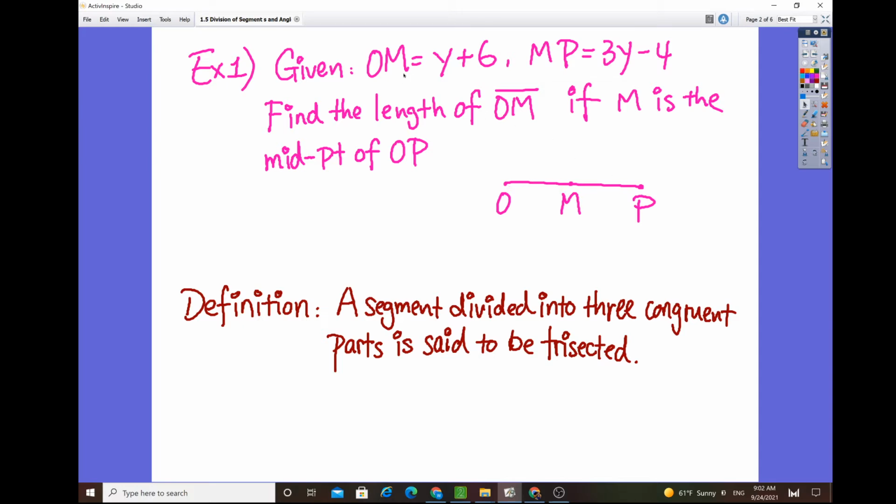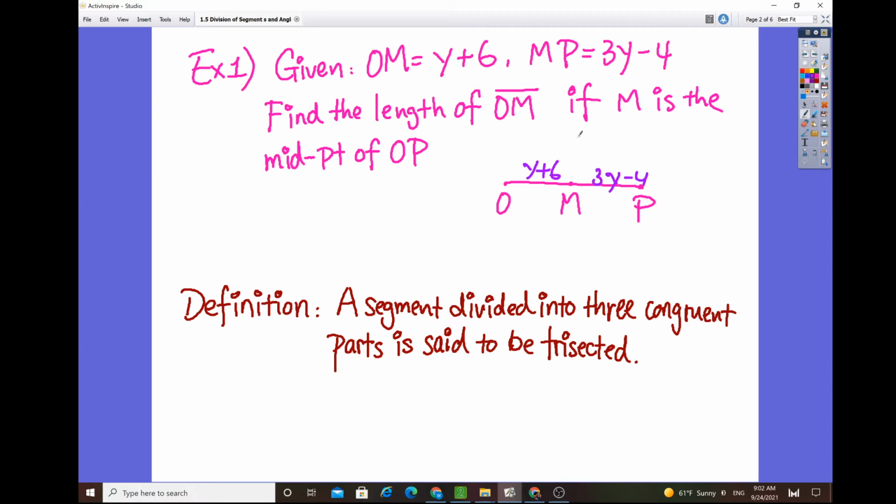So OM is y plus 6, you can always annotate it, and MP is 3y minus 4. You want to find the length of OM, if M is the midpoint of segment OP.